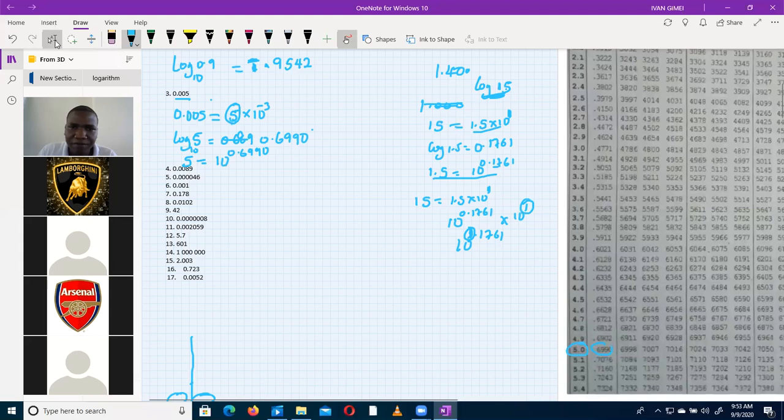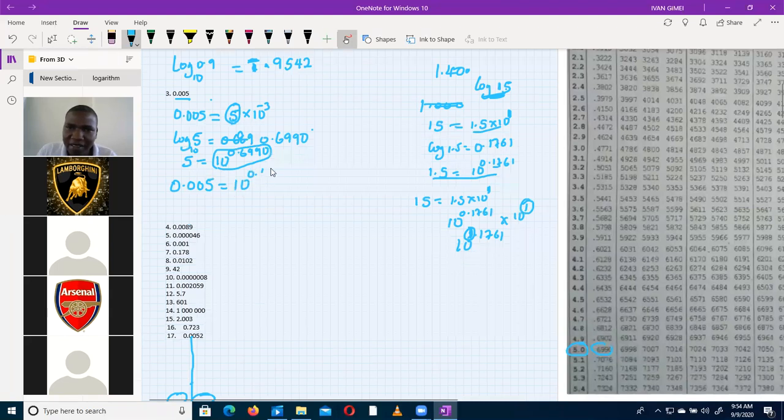So we shall have, let me create more space, 0.005 will be equivalent to, where there is 5, I'm going to substitute all of this, the equivalent value, which is 10 to the power of 0.6990, times 10 to the power of -3.